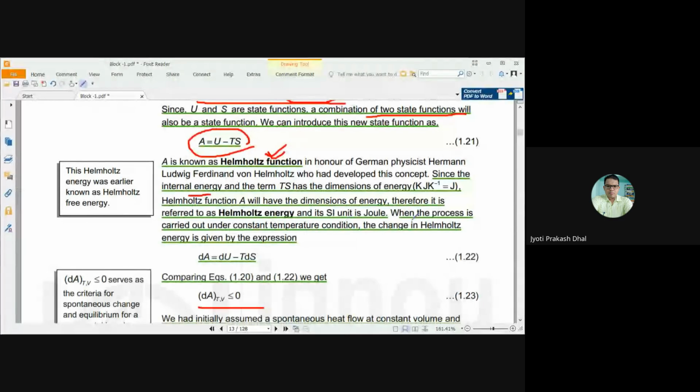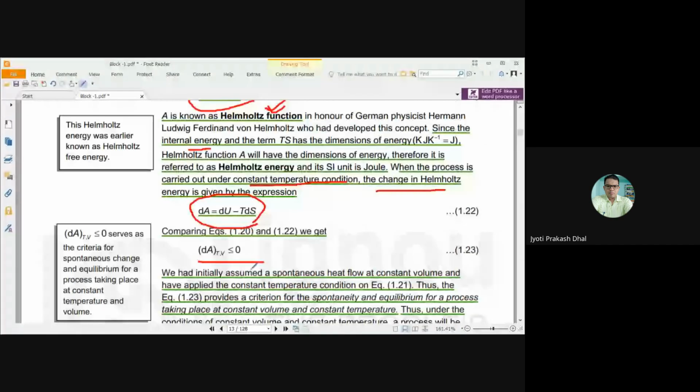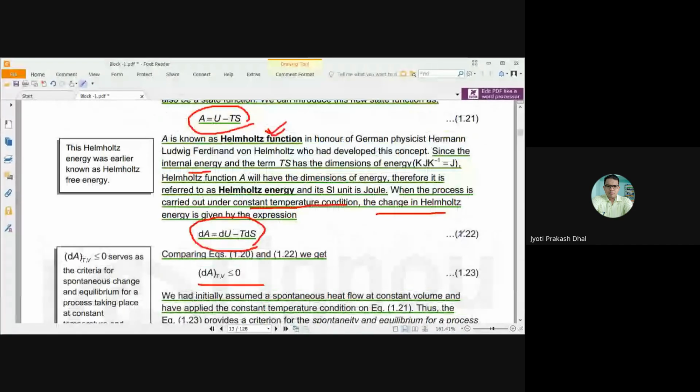When the process is carried out under constant temperature condition, the change in Helmholtz function, that is called the change in Helmholtz energy, can be written as dA equal, comparing equation 20 and 22.